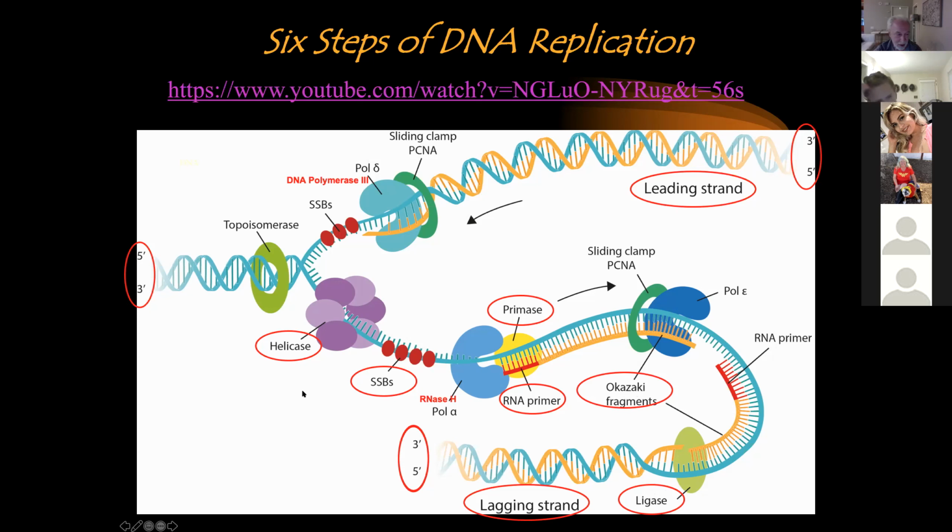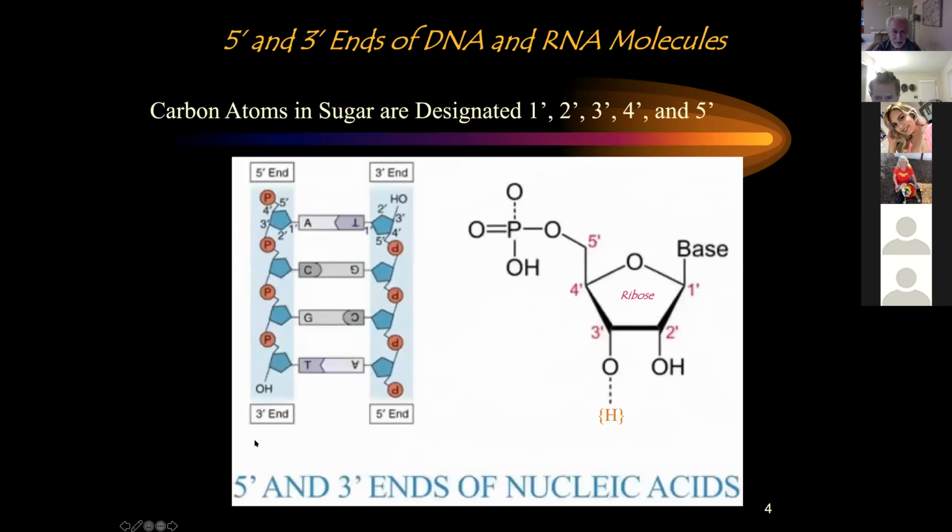Now, there's something I want to emphasize before going to the video, and that is 3' and 5'. That will be referred to over and over again. And I want to show you what that means, because 3' and 5' are critical signals to enzymes so that they know where they are. So here you see on the right a nucleotide.